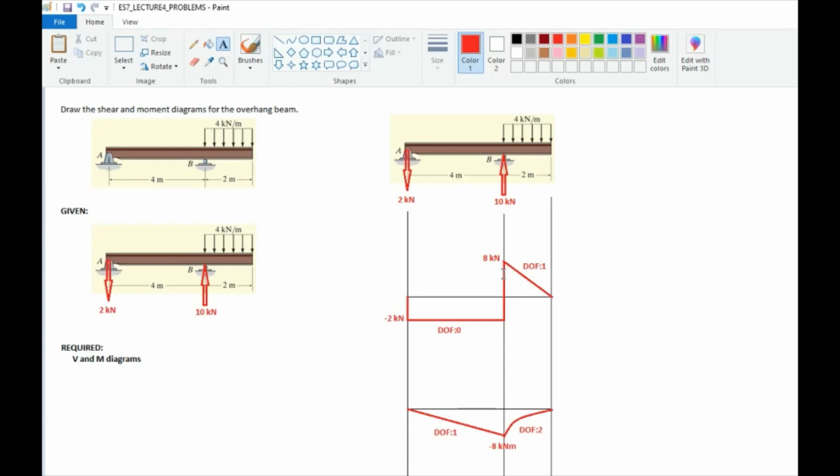So, 1/2 base na 2 times height na 8. I-add mo yung sa negative 8, you'll get 0. Okay, and then your degree of freedom went from 1 to 2. So, ayan. That's all. Thank you.